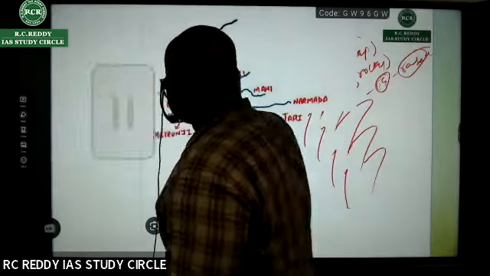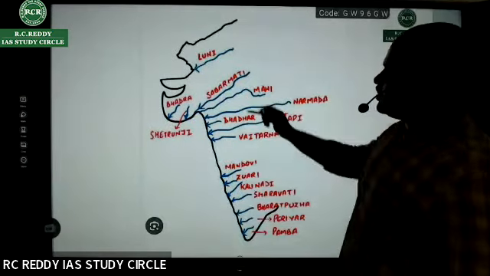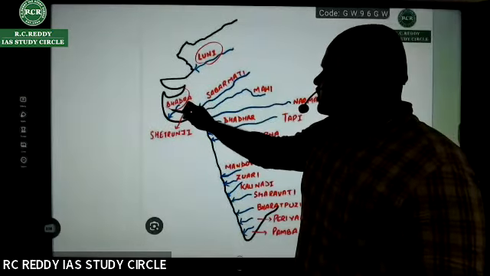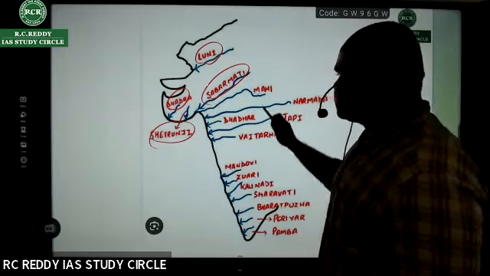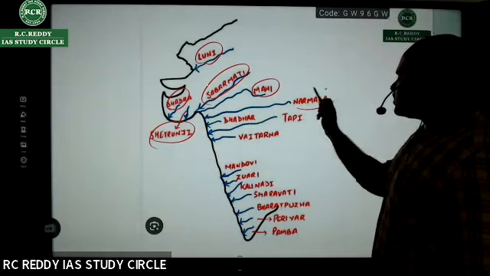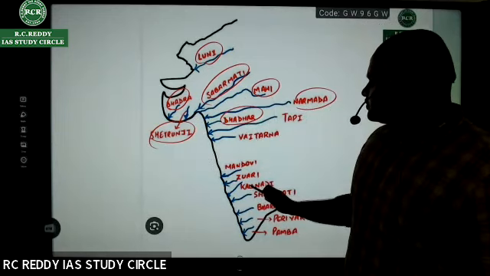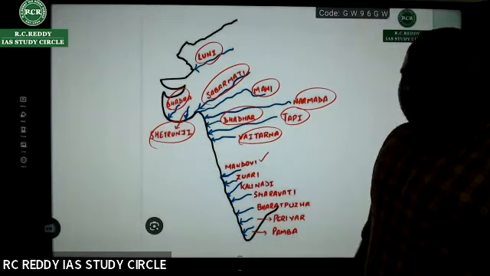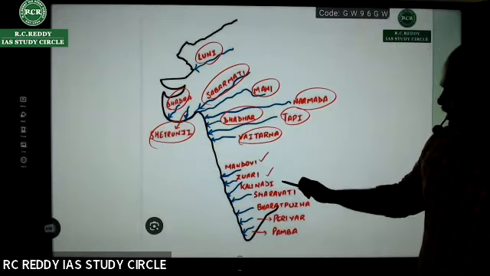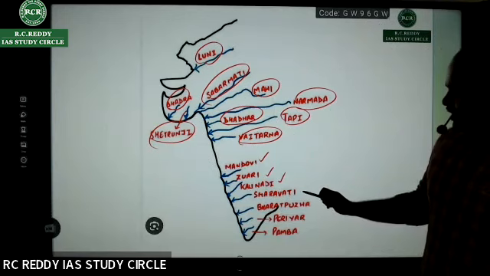So the rest, when you talk about the west flowing rivers, it is Luni, Badra, Sabarmati, Shatrunji, Mahi, Narmada, Bhadar, Vaitarani, Tapi, Mandovi, Zuvari, Kalinadi, Sharavati.